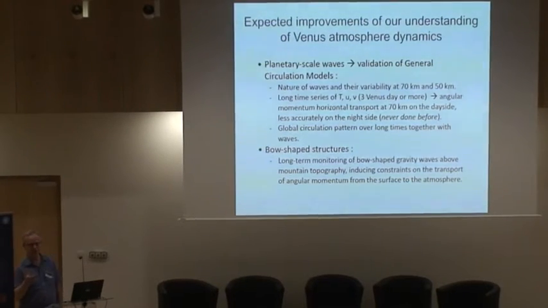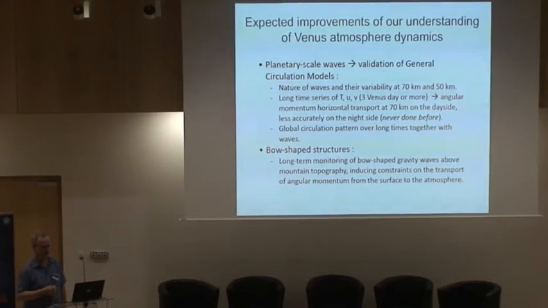That is, the atmosphere rotates around the planet in about 4 days at 70 kilometers, whereas the solid planet takes more than 100 days.